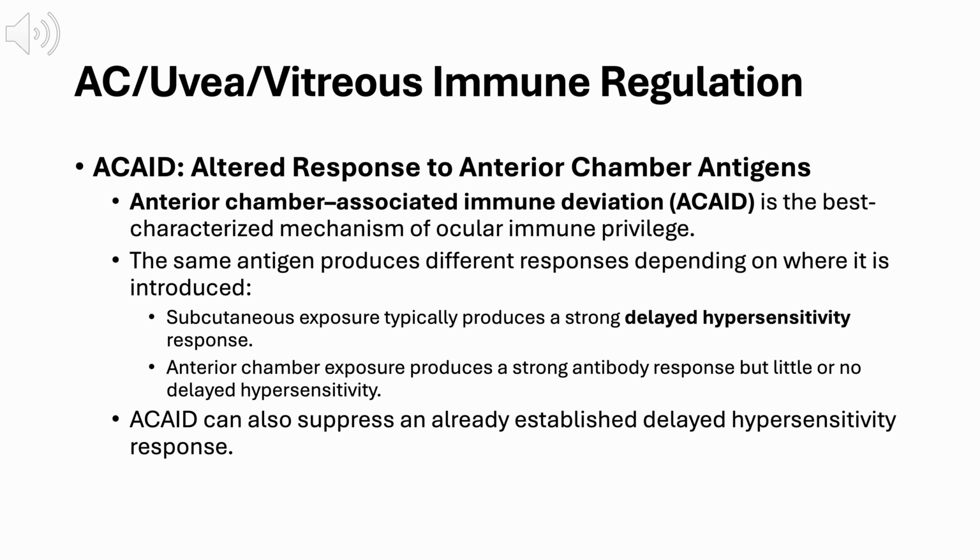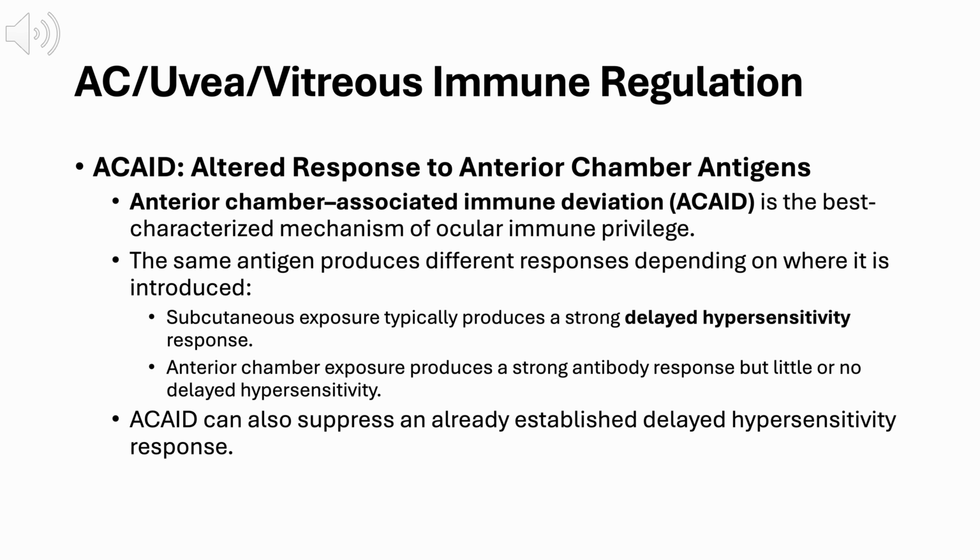The eye has redirected the response away from the inflammatory tissue-damaging pathway. This depends on that spleen-directed antigen route we discussed a few slides ago. And ACAID is powerful enough that it can even suppress a delayed hypersensitivity response that's already been established elsewhere. So ACAID doesn't ignore antigen, it recognizes it and reshapes the response.